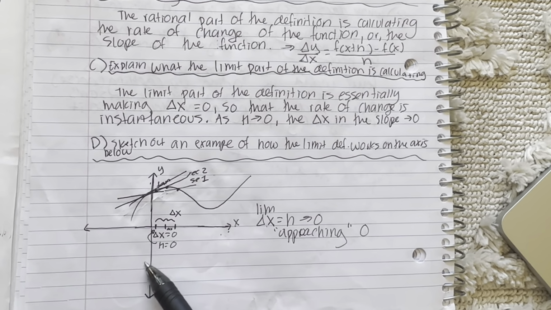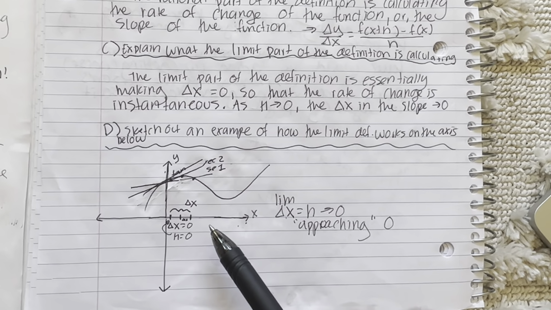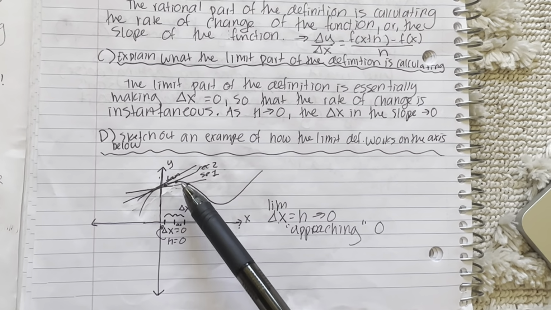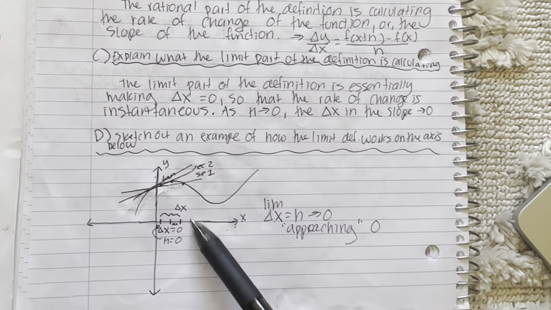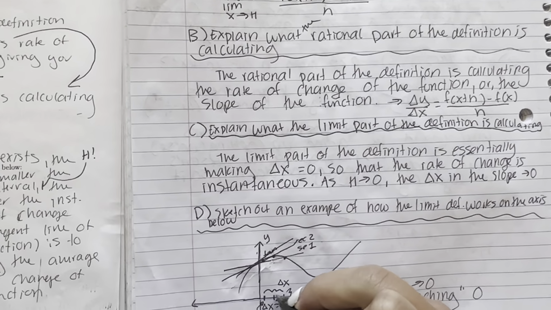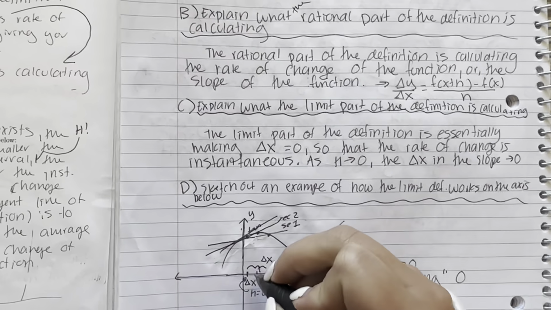So it gets closer to the instantaneous rate of change, as we can see demonstrated here. We have this point which goes to secant 1, and let's just say this is 3, and this is 2, and this is 1.